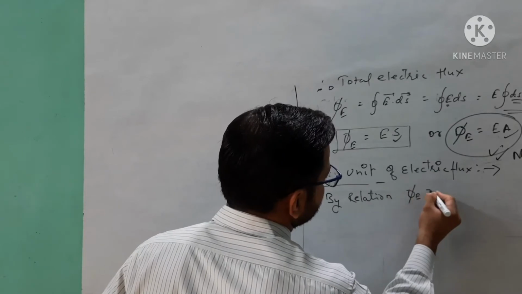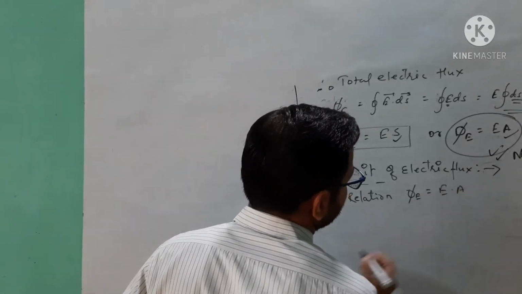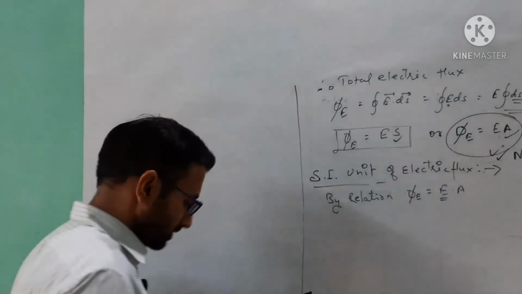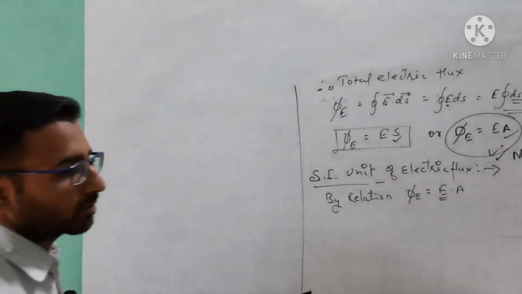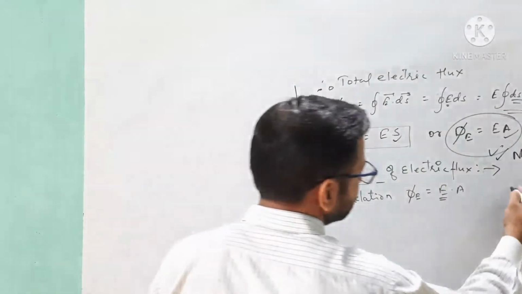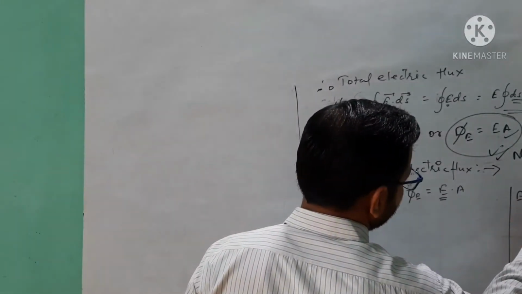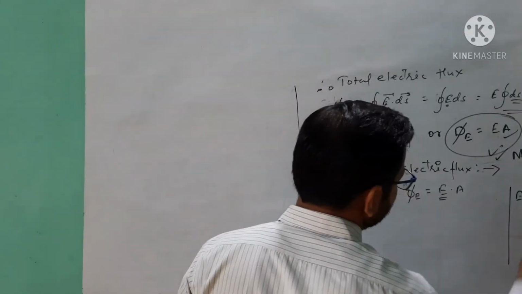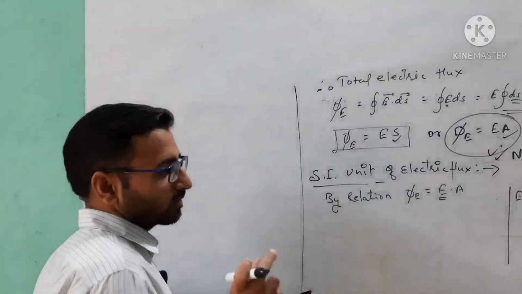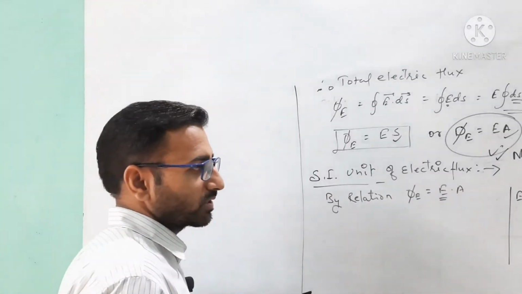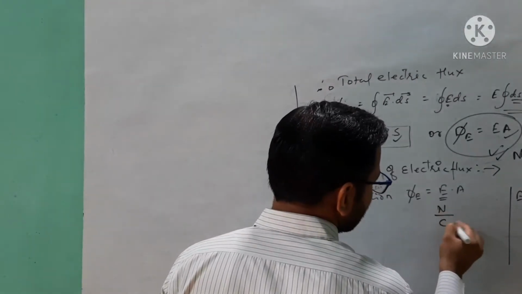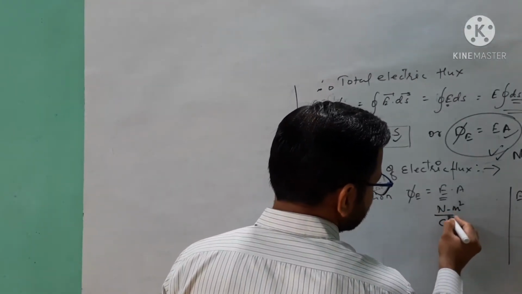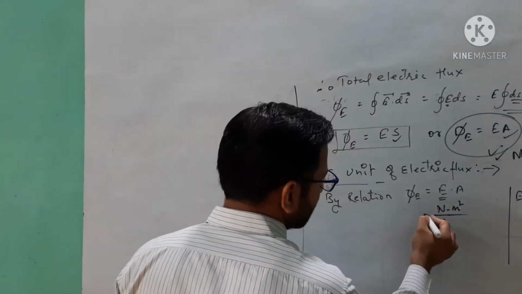By the relation phi E is equal to E into A, we know that the SI unit of E is Newton per coulomb, because E is equal to F upon Q, we know that. Make relations fast so that you can easily link things from one formula to another. So Newton per coulomb, and here meter square, so it will be Newton meter square per coulomb.